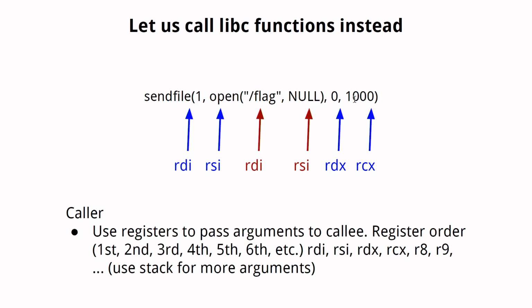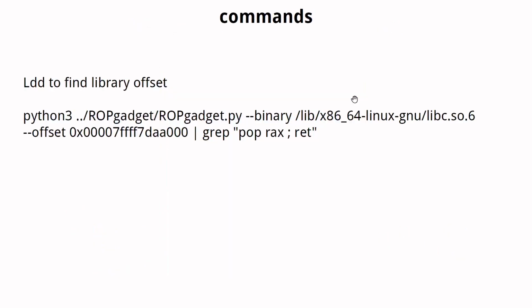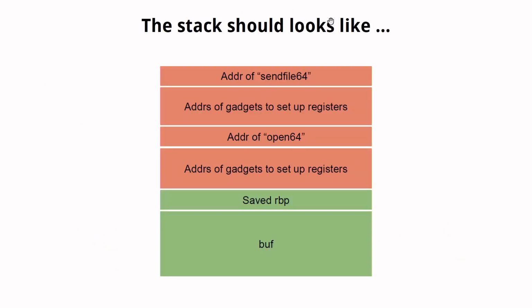So this is the same as how we develop the shellcode. Then the stack will look like this. We will have the buffer, saved RBP. Then we have some gadgets to set up the registers RDI and RSI.